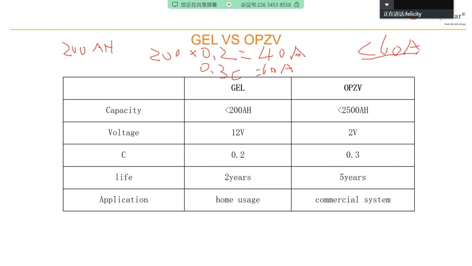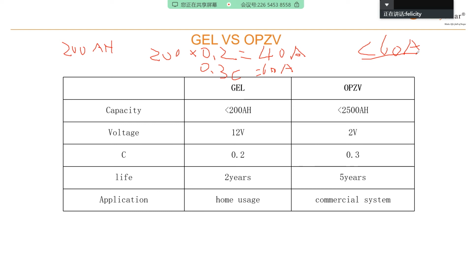But the problem is the lead acid battery usage life will be shorter, very rapidly. If you normally use a daily maximum of 40 amps or less than 60, it can be used for more than 1 year. But if you frequently use more than 60, even more than 70 amps, the usage life may be only a few months, 3, 4 or 6 months, less than 1 year.